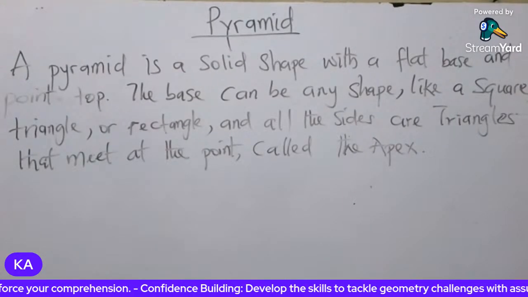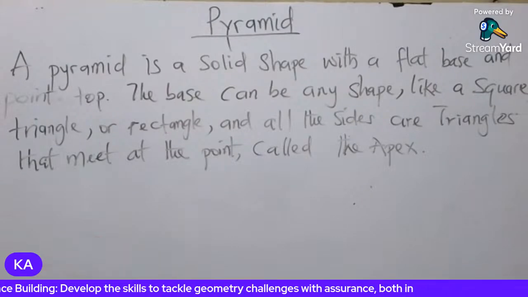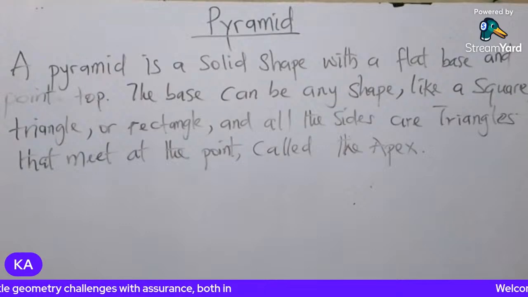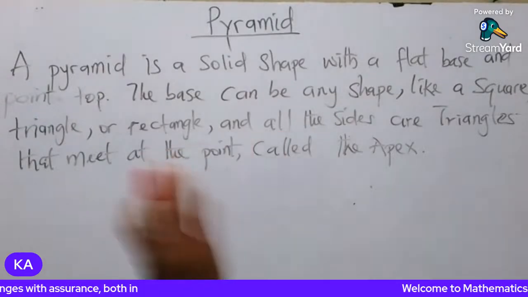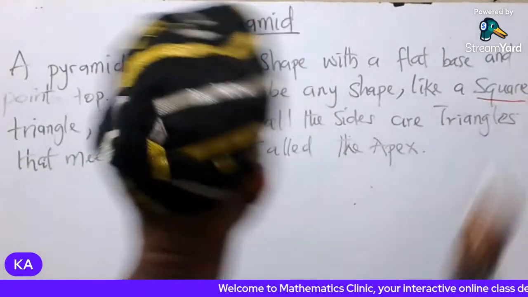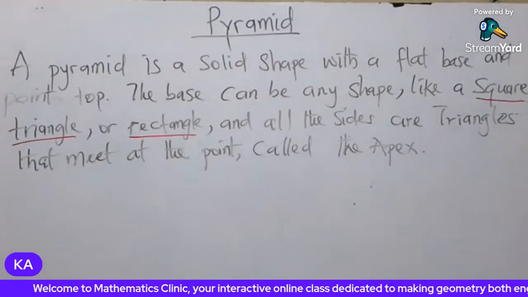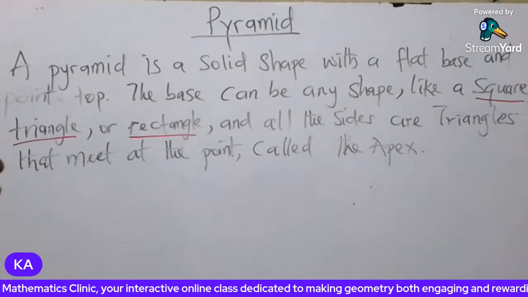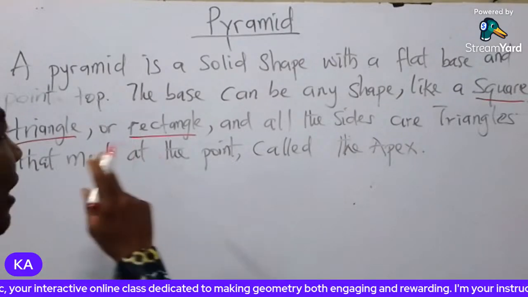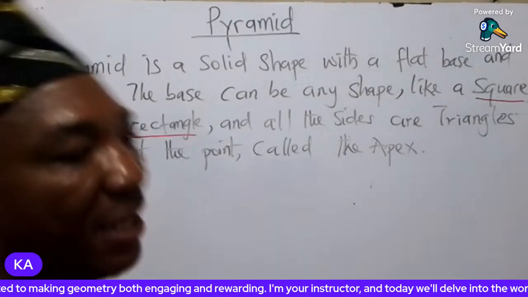What is pyramid? A pyramid is a solid shape with a flat base and a point top. The base can be any shape. It can be a square, it can be a triangle, it can also be a rectangle. Don't forget, a pyramid is a solid shape with a flat base.